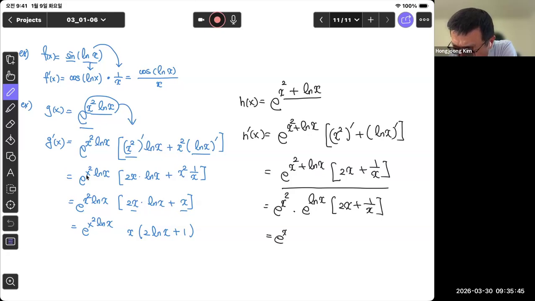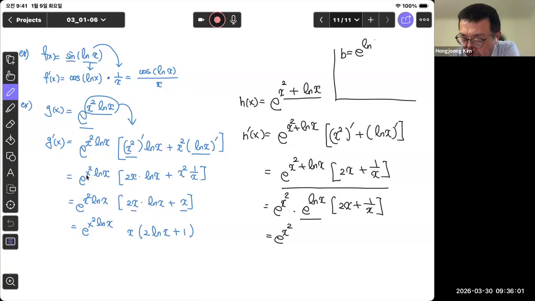And please remember that moments ago I mentioned that any number b can be written as e to the ln b, right? So x can be written as e to the ln x.